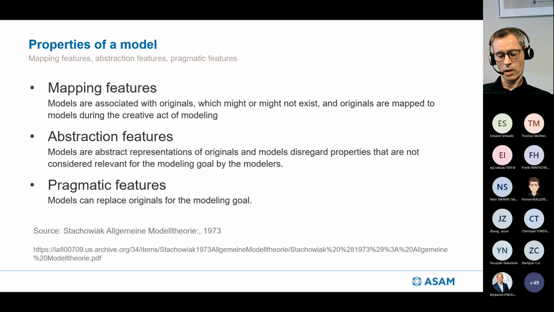You have a small model of, for example, your vehicle, and send it to the wind tunnel and explore what happens during simulation, which means by studying or exploring the model, you learn something about your original. So this is something you then have to decide when you're modeling.